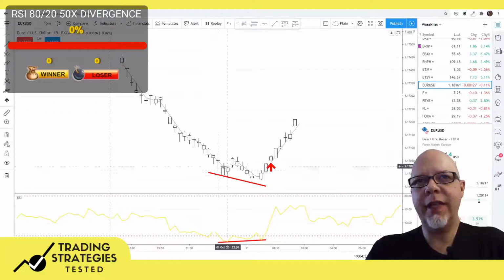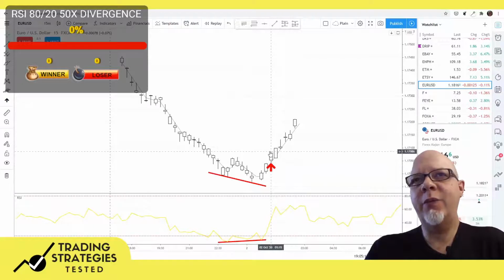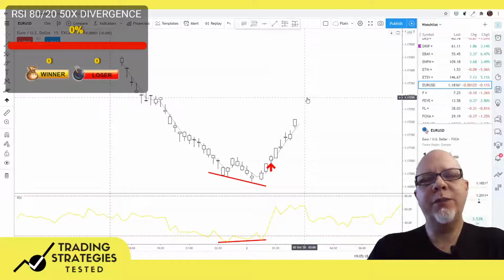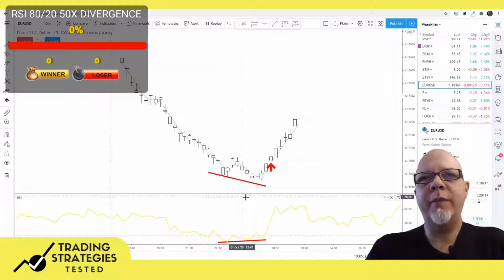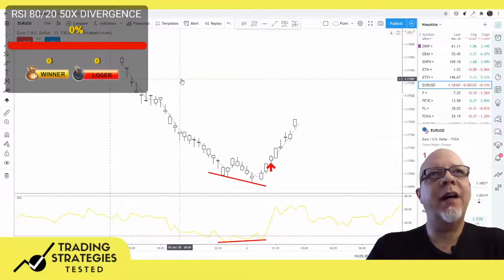So this is our trigger candlestick right over here, and this candlestick here is the first one that has closed higher after this divergence is confirmed. So we're going to enter at this spot, hoping for it to head higher in this case. Of course, the reverse works just as well, with the opposite rules: RSI would be above 80 and divergence would be the opposite of the price. Okay, so let's dive in and start counting, shall we?